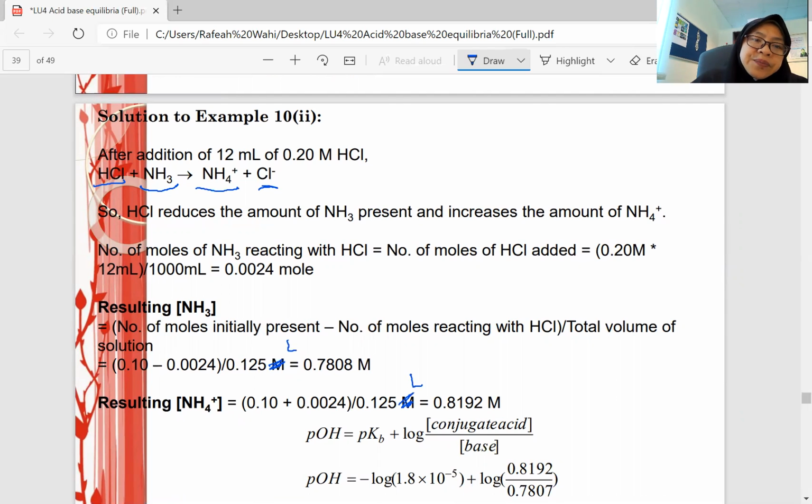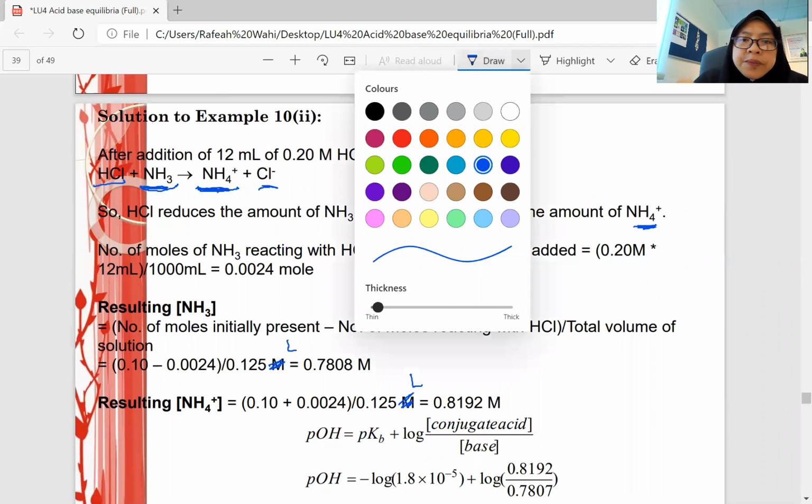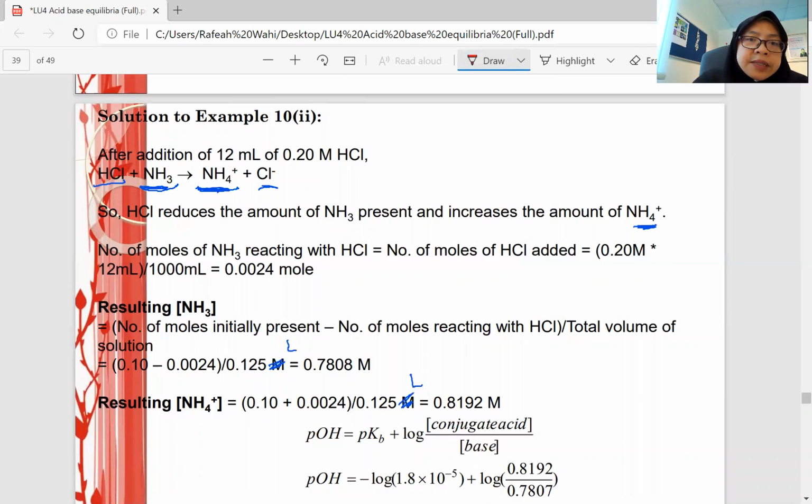HCl will reduce the amount of NH3 present, because it reacts with NH3, and it increases the amount of NH4 plus. So this one will reduce, minus, and this one will be increased, plus.